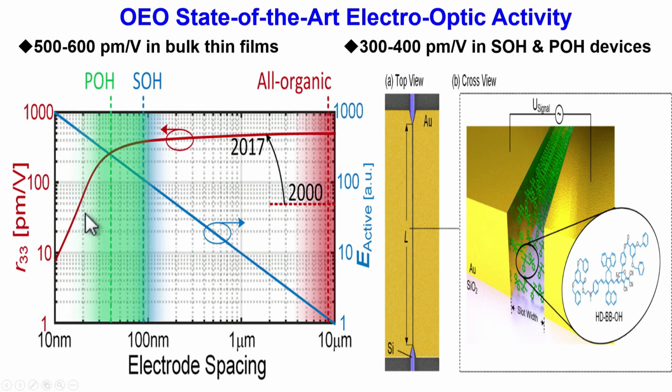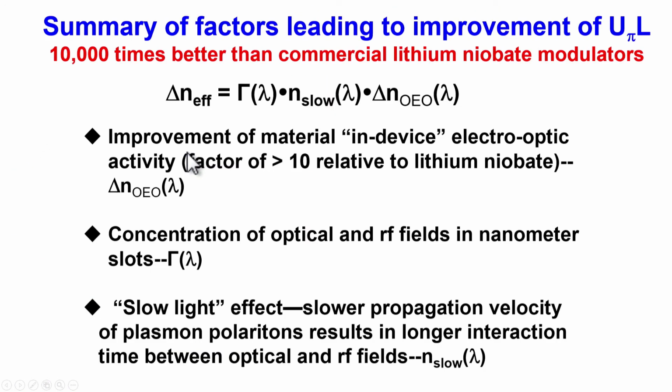Indeed, in these types of materials, as a function of electric field, you can observe a Freedericksz transition analogous to what's seen in organic liquid crystals and discussed by de Gennes. So it's a very rich field in terms of how you can improve electro-optic activity and continue to take advantage of this dramatic electric field enhancement.